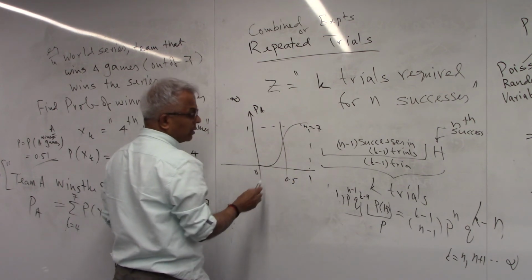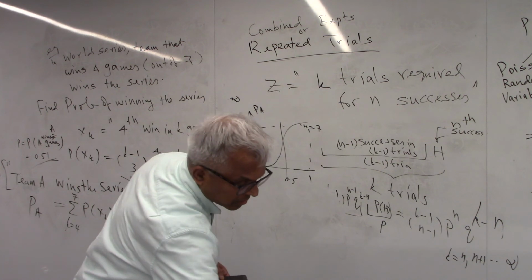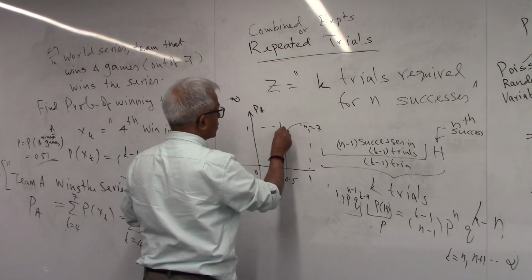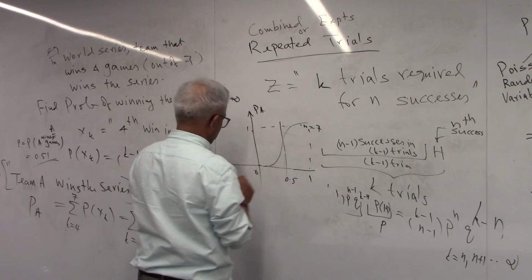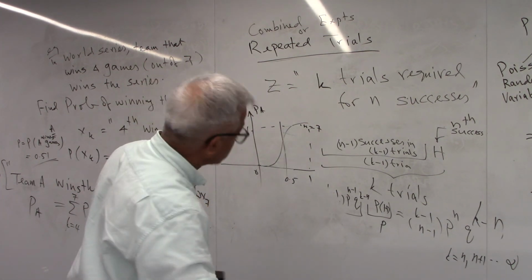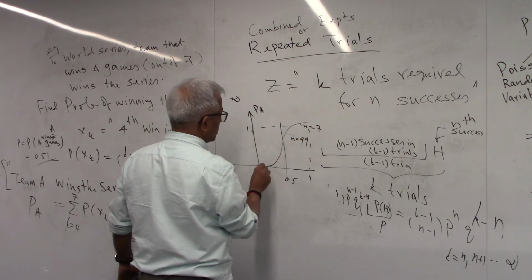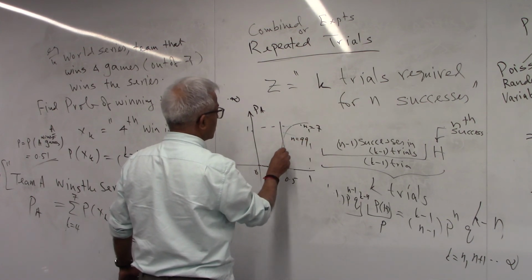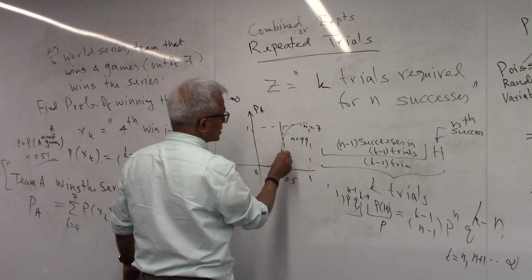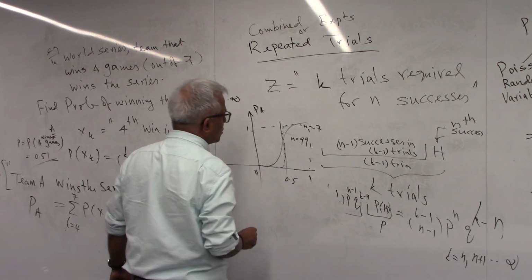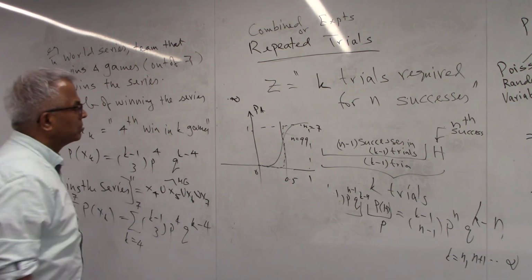But if you play 99 games, you may get a situation like this. The green graph is for n equal to 99 games. What that means is the team with the slight advantage will turn out to be a sure winner.